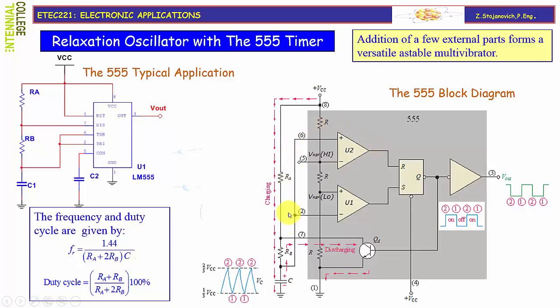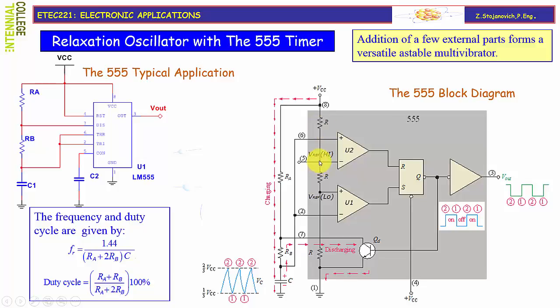If you look at the block diagram of this circuit, there are two comparators, U1 and U2, having two different reference voltages as set by a voltage divider consisting of three identical resistors R. This one, and that one. Usually the typical value of those resistors is around 5 kiloohms.